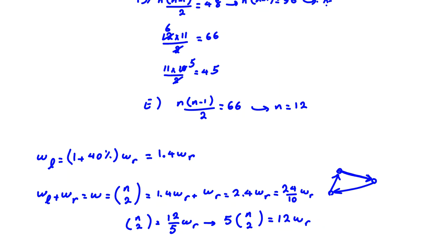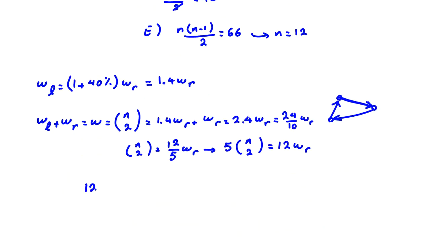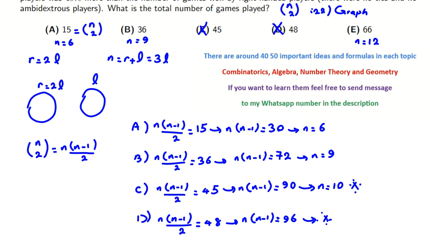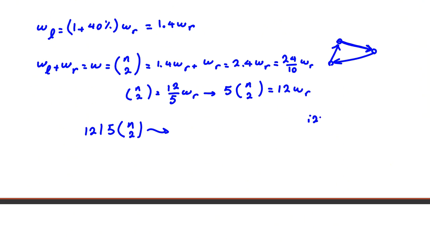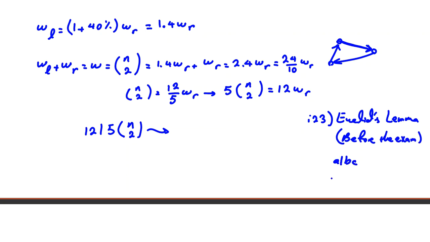So we can conclude 12 divides 5 times N choose 2, and by Euclid's lemma, which I told you before the exam, it's an obvious lemma: if A divides BC and GCD of A and B is 1, then A divides C. So 12 and 5 are relatively prime, and by Euclid's lemma 12 divides N choose 2.